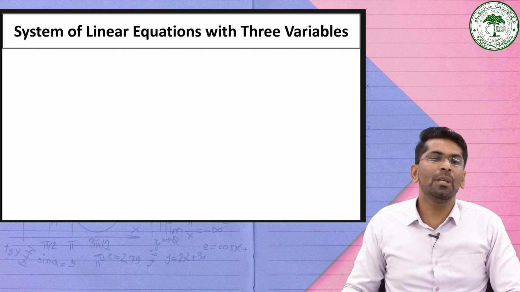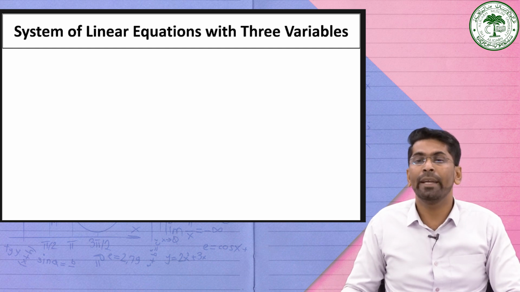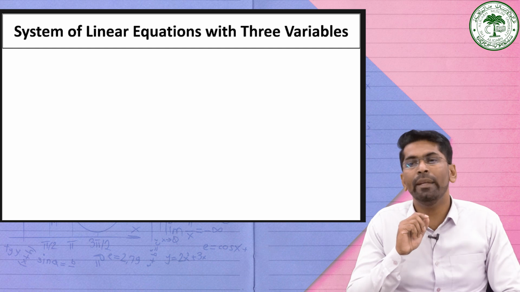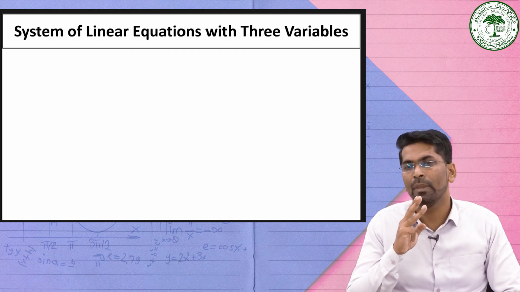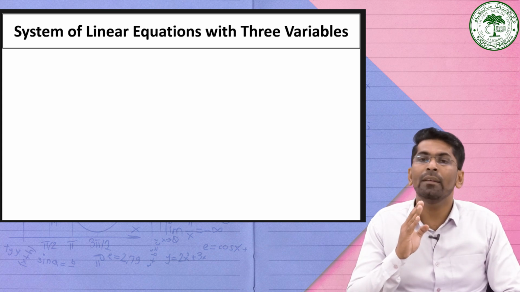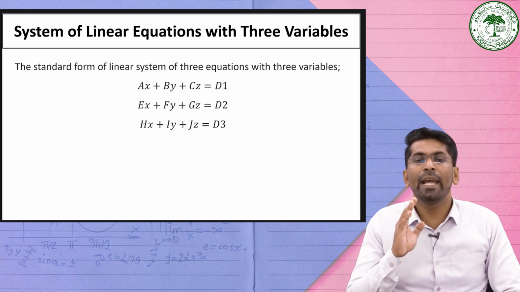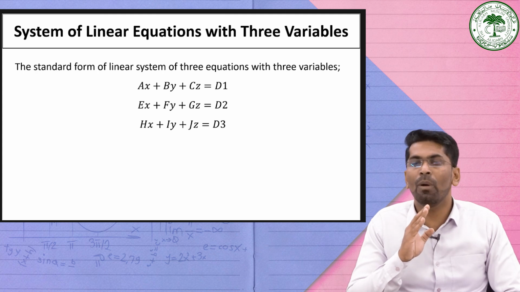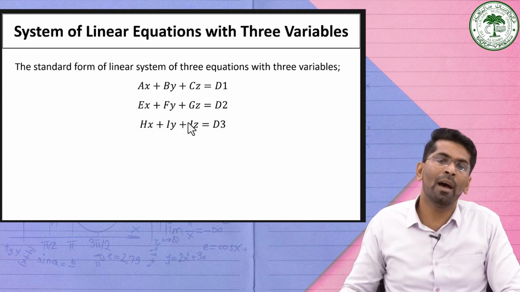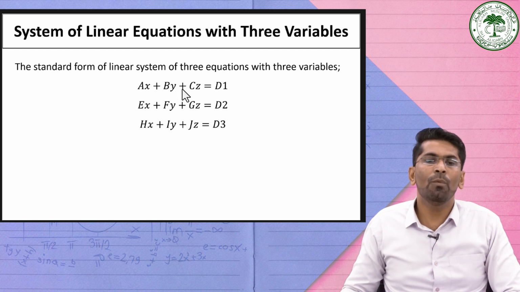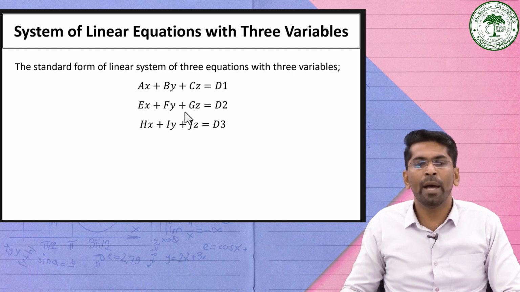See what actually the system of linear equations with the three variable case is. A system of linear equations with the three variable case involves three equations, and each equation contains three variables. So the standard form of the linear system of three equations with three variables is ax plus by plus cz is equal to d1, ex plus fy plus gz is equal to d2, hx plus iy plus jz is equal to d3.